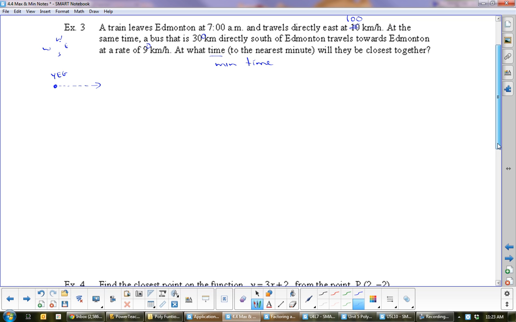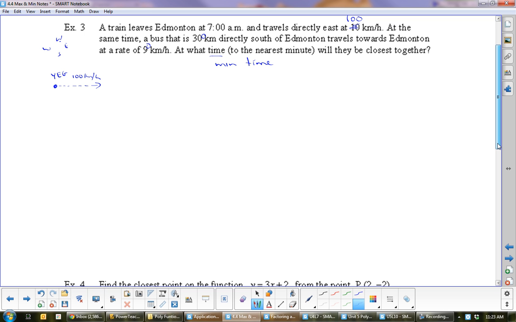Okay, so we got Edmonton, and we're on a train that is going 100 kilometers per hour. Now, at the same time, a bus that is 300 kilometers directly south.